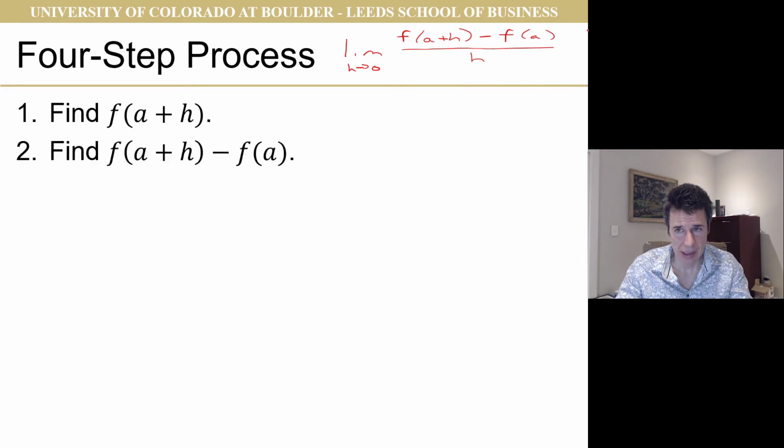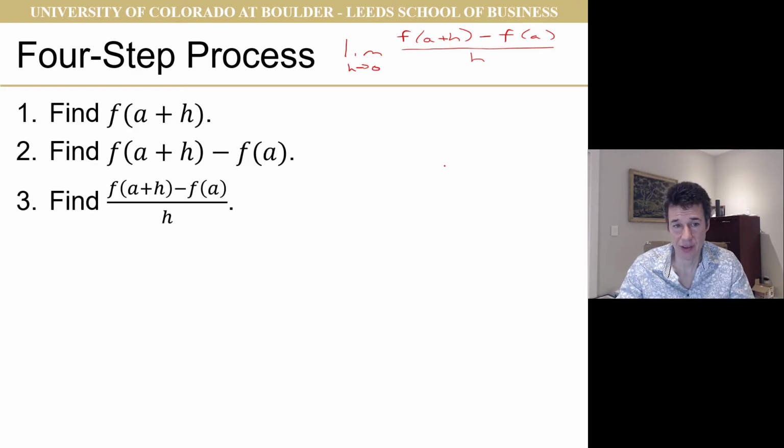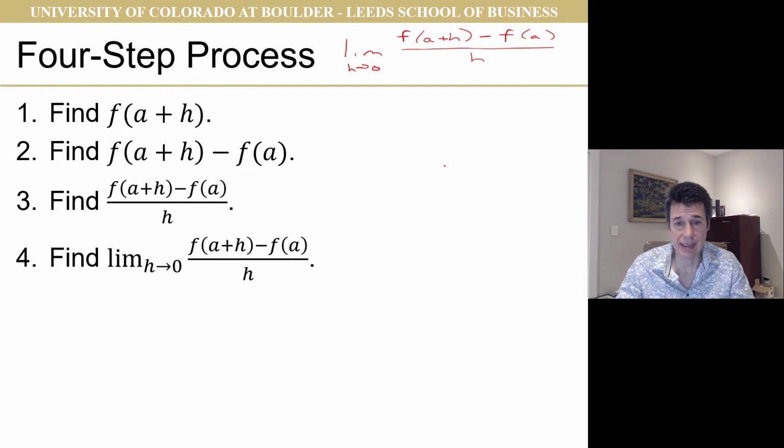Second step, find the difference of the two terms in the numerator. The nice thing is pretty much always, sometimes there's a trick or two, but pretty much always that once we do this calculation in step 2, we find out every term has an h in it. Step 3, divide that by h, and step 4, take the limit.